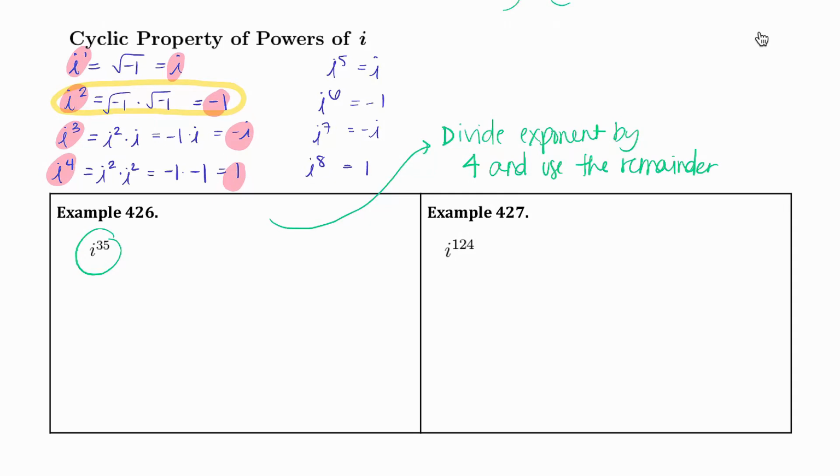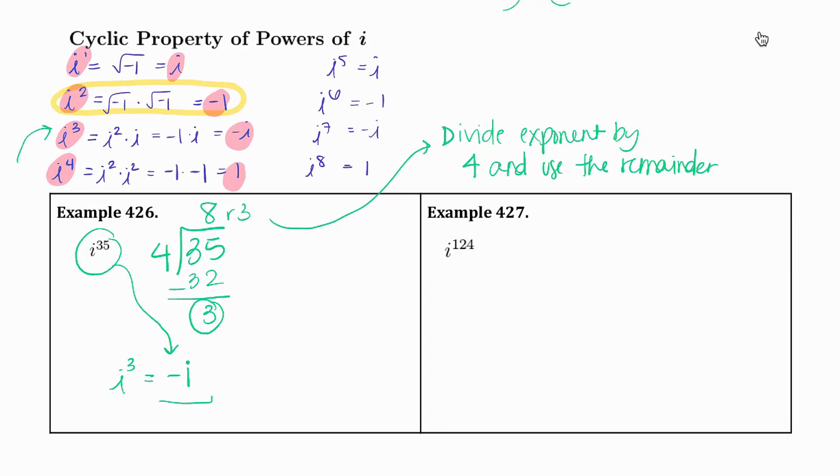If I take 35 divided by 4, 4 goes into 35 8 times. That gives me 32, and we get a remainder of 3. So this is really like i to the third power. If we look above, i to the third power gives me negative i. So i to the 35th is negative i.